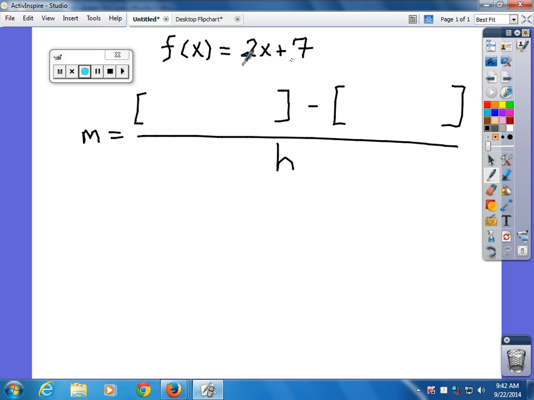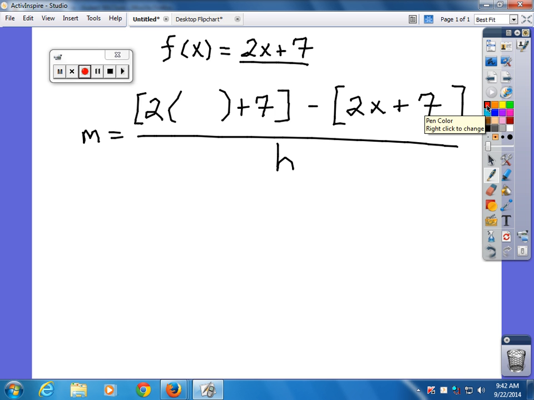So I rewrite this, 2 parentheses plus 7, and then rewrite this in terms of x, because that's f of x. And now you plug in the what? x plus h. And that's where we took off the previous page.